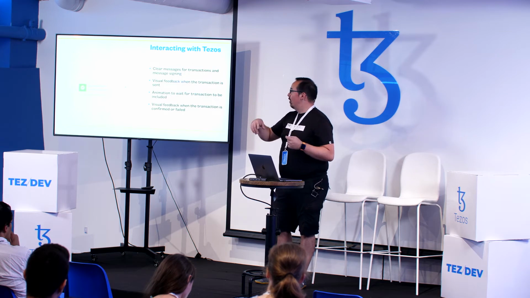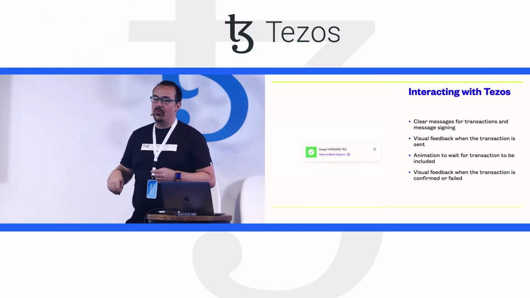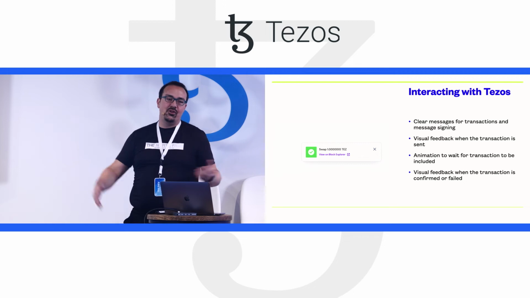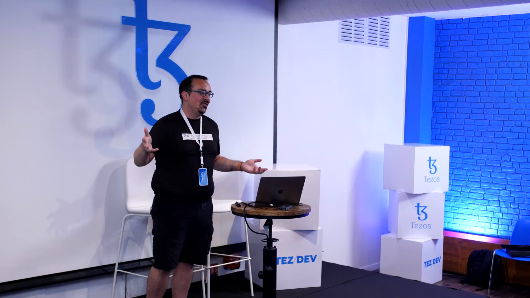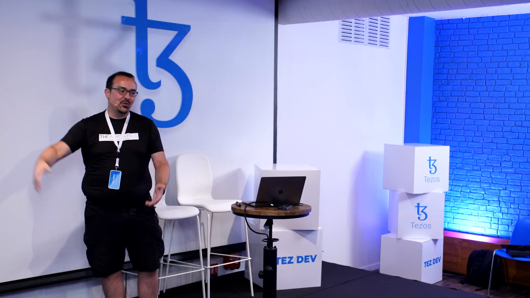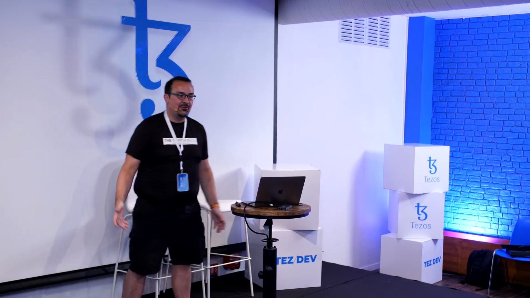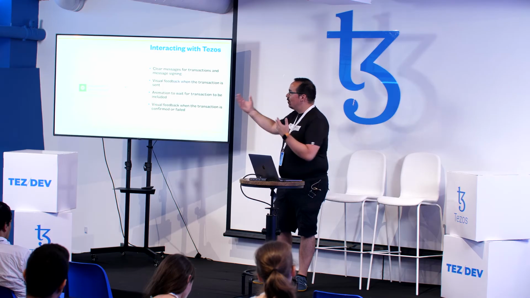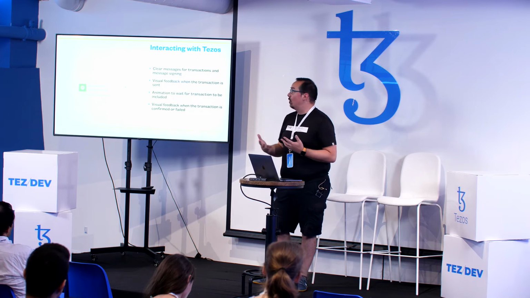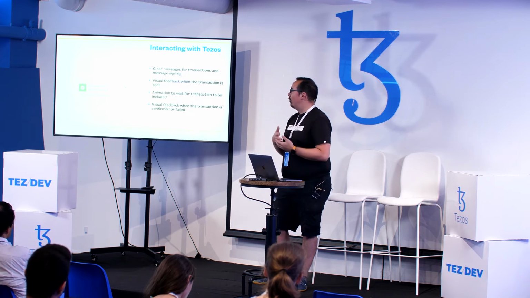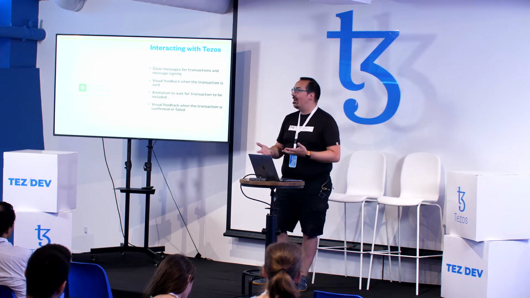For this presentation, I tried to make it fail, to make a screenshot of a failure, but it didn't fail, so I'm sorry I couldn't have a screenshot of a failing operation. But it's going to get red, and you understand that something is wrong, and you also provide feedback to the users to say, okay, try again, or maybe wait a little bit, depending on what your application does. So you have to tell the users if the transaction is confirmed or if it failed.